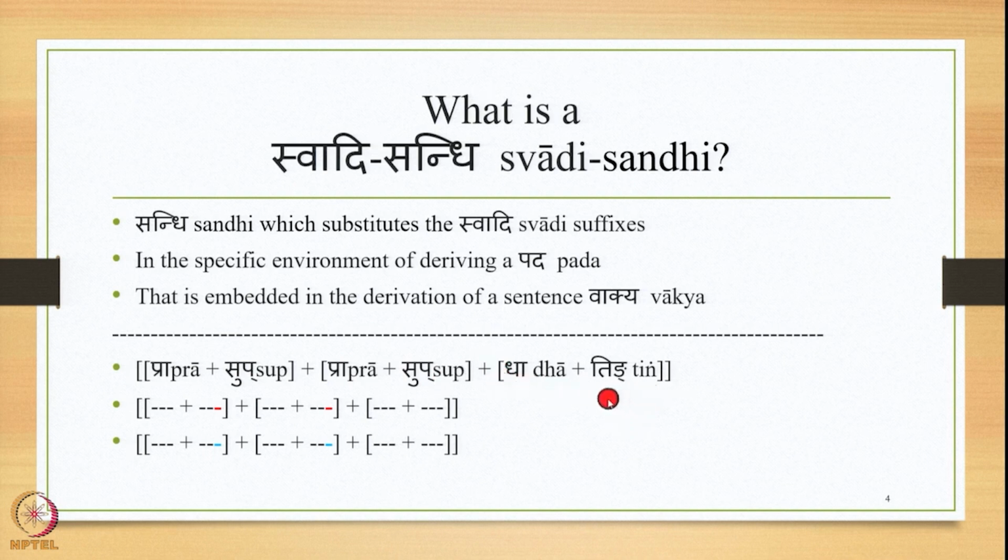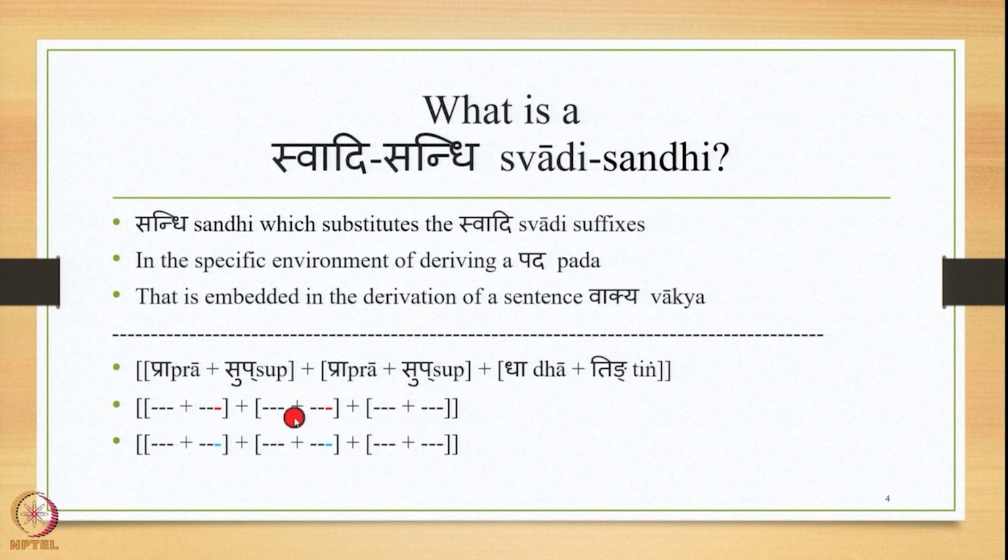This is the sentence, and when these elements are placed side by side, the first thing that happens is that rules apply internally and the words get derived. Once these are derived, these elements come into contact with the other padas, and these contacts or combinations result in the sandhi, which is what is described here as Swadi Sandhi. So, this is a pratipadika and this is a sup, this is a pratipadika and this is a sup, and this is a dhatu and this is a ting.